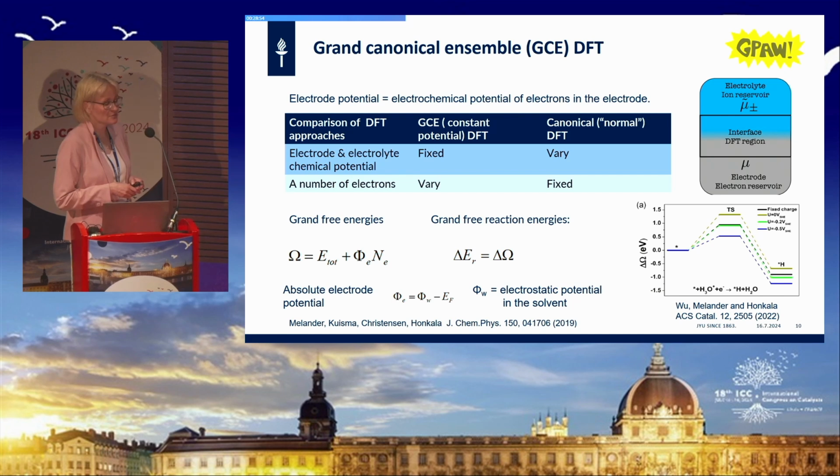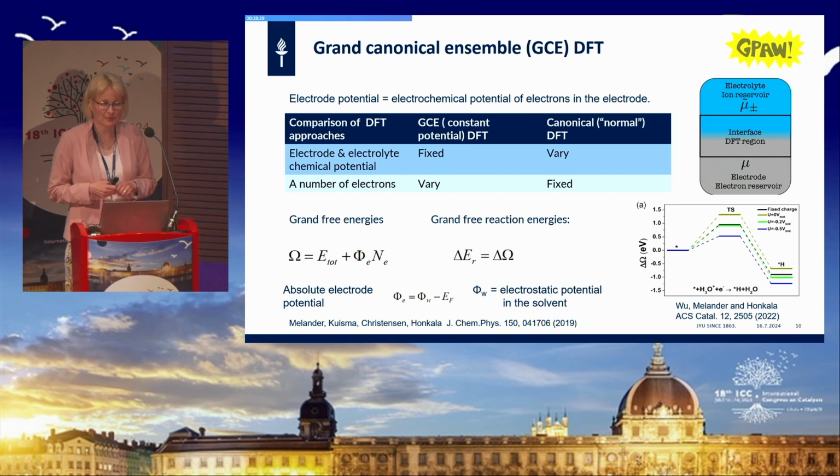And this table summarizes, I would say, the key differences between these two approaches from the perspective of how to use it. So if you have a constant potential DFT calculation, your electrode and electrolyte chemical potential is fixed, but you vary the number of electrons.